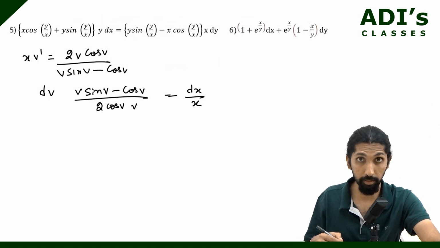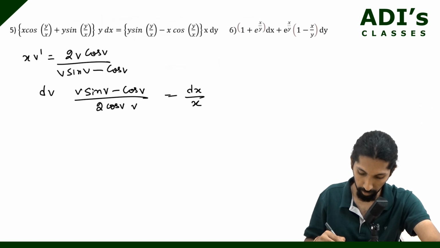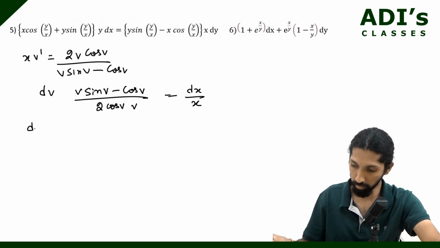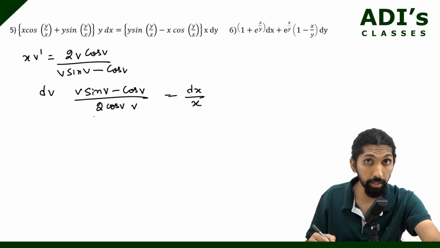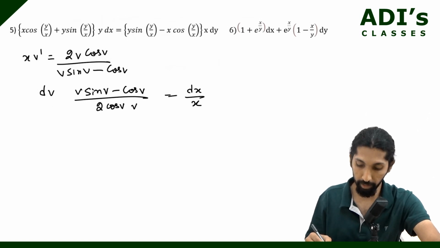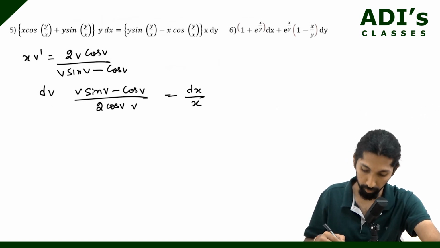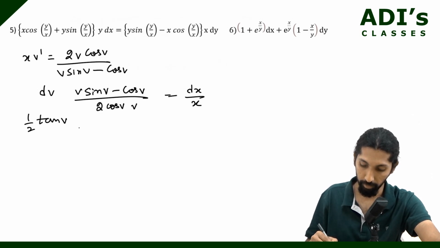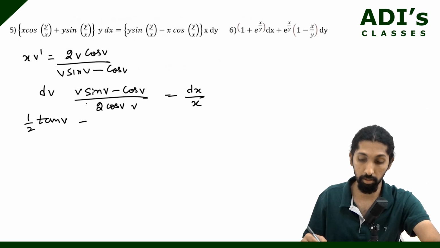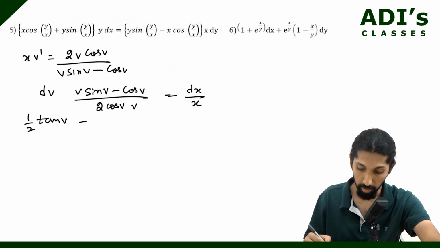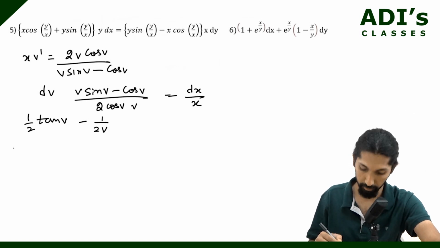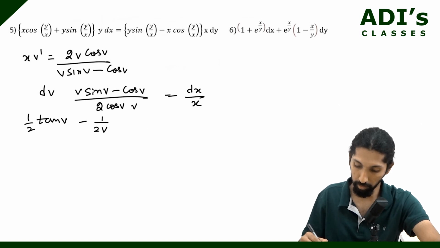So you are going to have dv, or first you can divide, individually divide. V and v cancels out. So you are going to have 1 by 2 tan v minus cos and cos cancels out. So you are going to have v, or 1 divided by 2v, correct? This one is equal to dx divided by x.